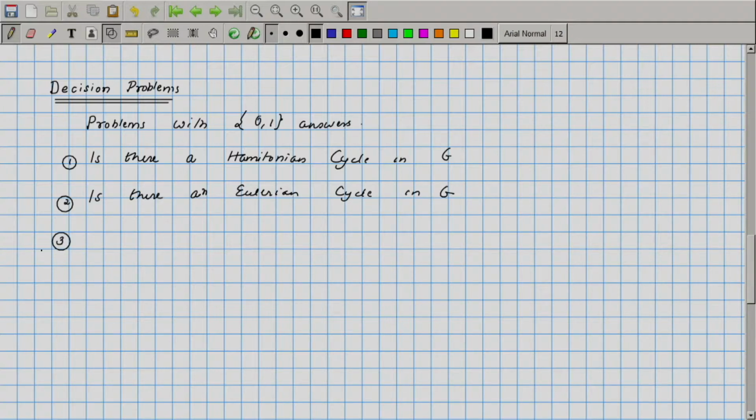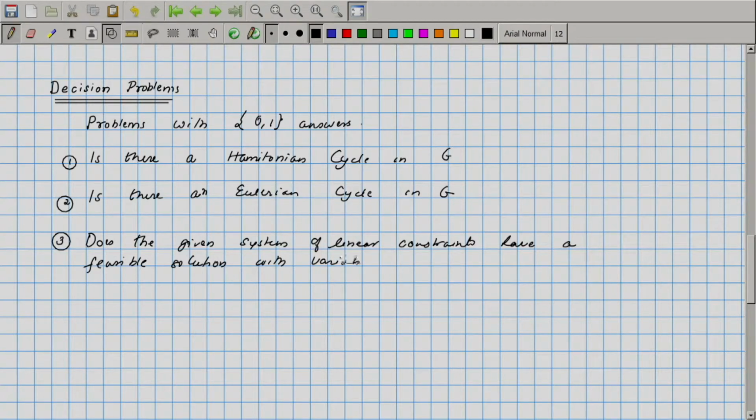A third example would be, does the given system of linear constraints have a feasible solution with variables taking integral values?